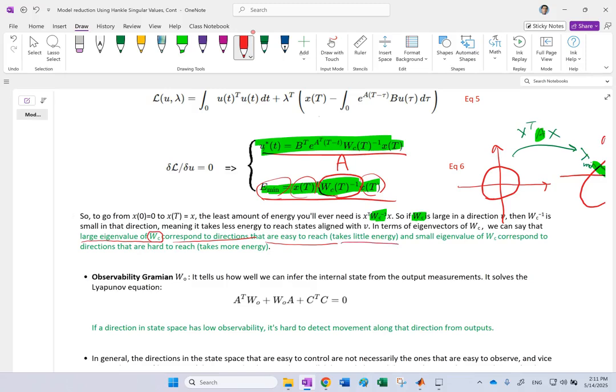So the directions corresponding to the biggest eigenvalues of WC. And what are those directions?